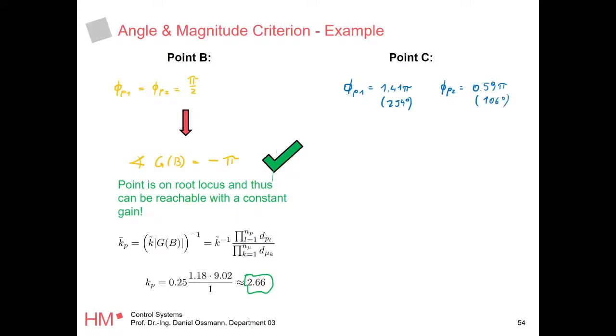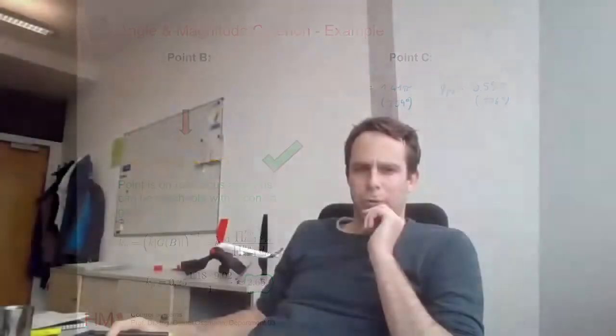So one thing you really need to take care of, because I figured out last semester that somebody did this: you actually can measure it with a ruler, right? But then you need to be careful that your axes are equally scaled, right? So 1 centimeter on the x-axis and on the y-axis should be the same distance. Because the pole-zero plot is often scaled differently on the x and the y-axis.